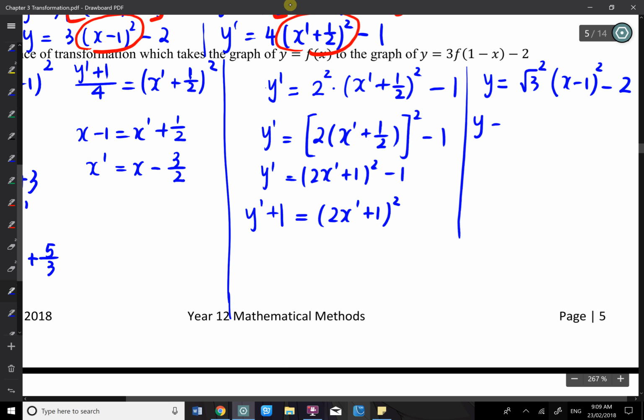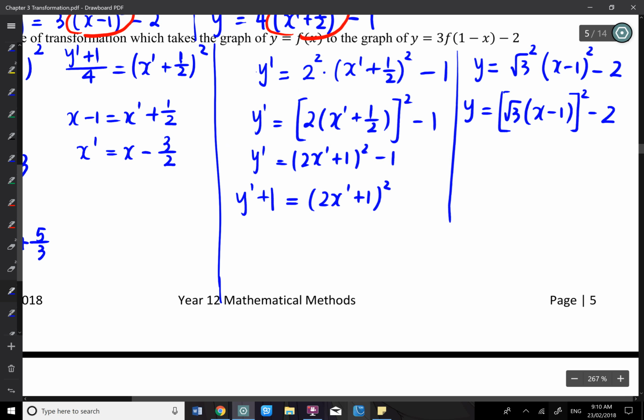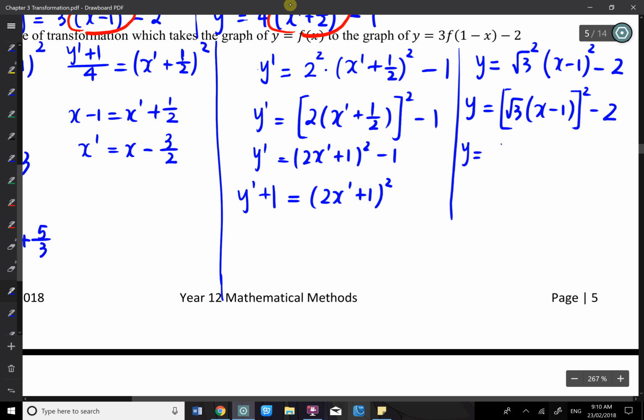So y will be root 3 bracket x minus 1, whole thing squared, and then minus 2. Then y is root 3x minus root 3, squared, minus 2. y plus 2 will be root 3x minus root 3, then squared.